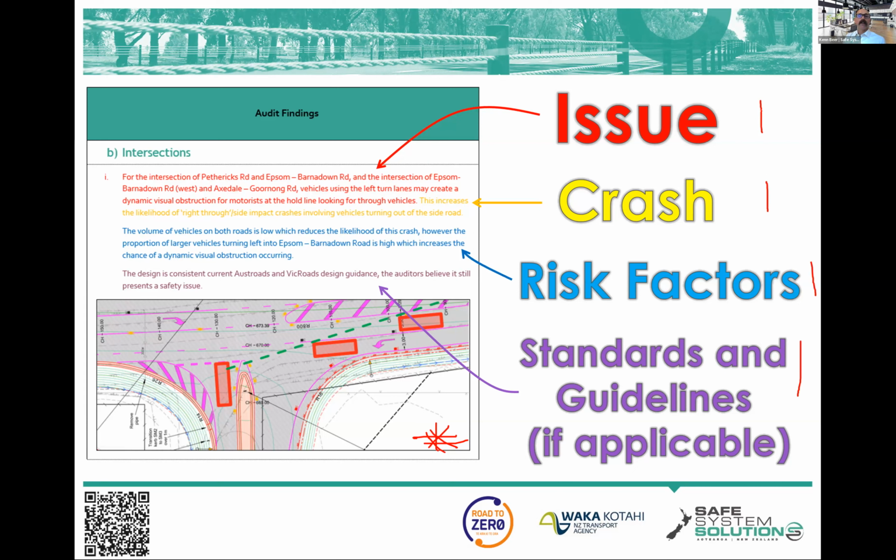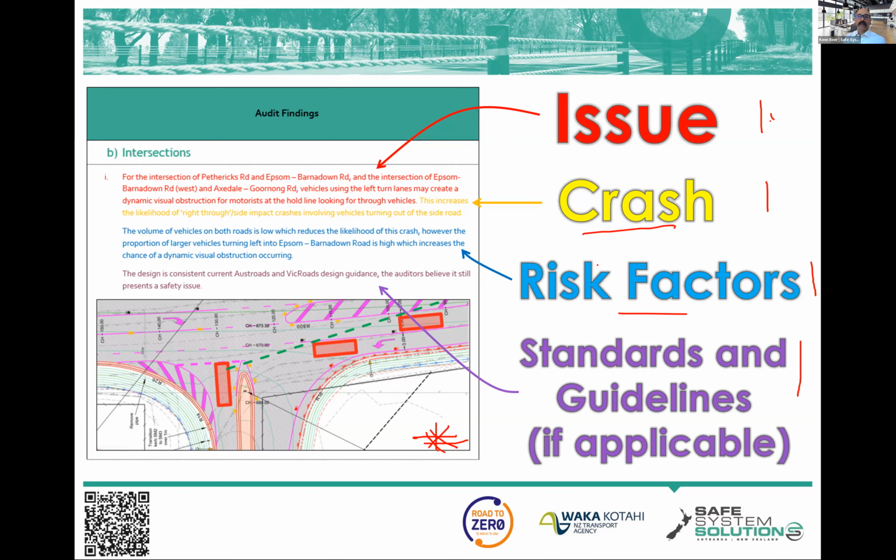Say your issue is, there is insufficient sight distance for a pedestrian crossing at the crossing from the east side to the west side. Okay, it's blindingly obvious to you that you're talking about a pedestrian being struck, but you'd say this increases the chance that a pedestrian will be struck crossing the road. Like, you specify it.